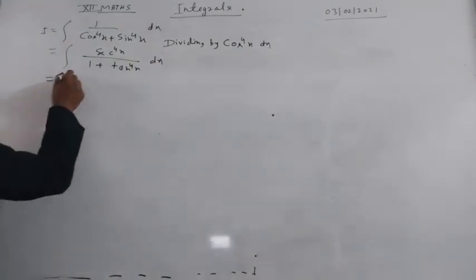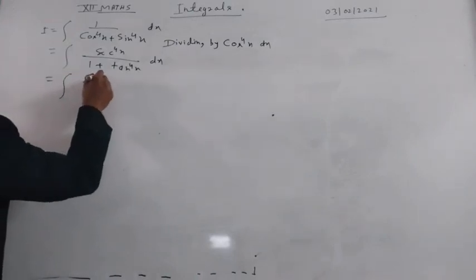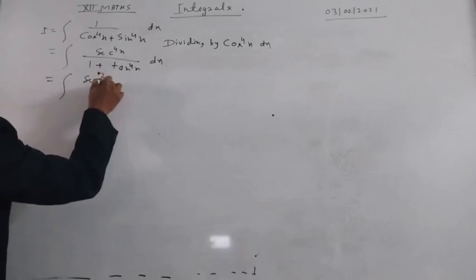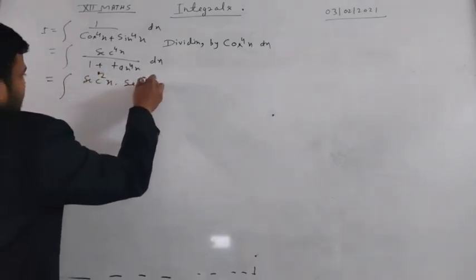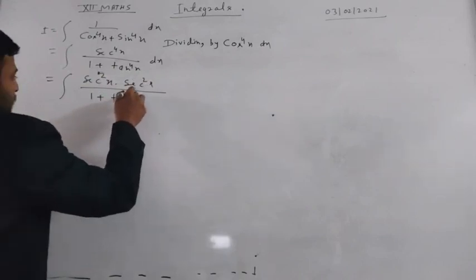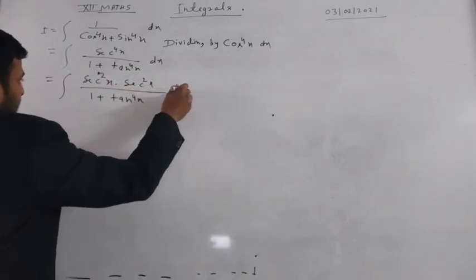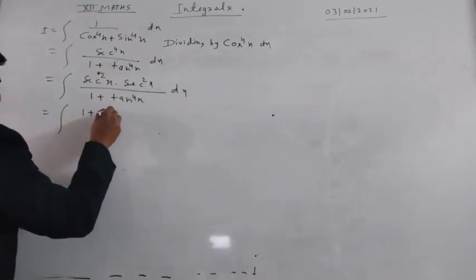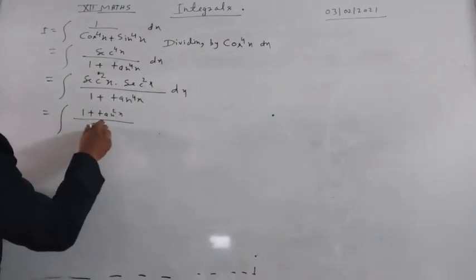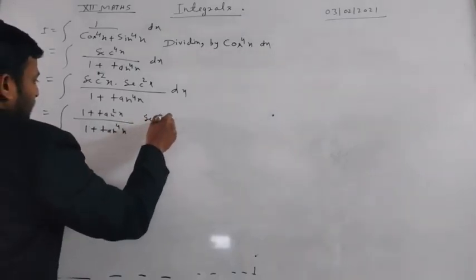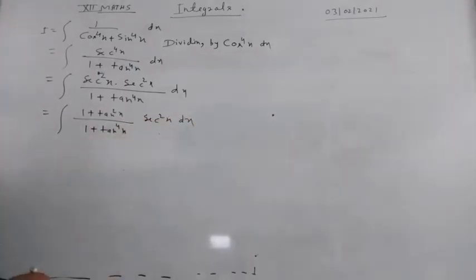And students, this sec to the power 4x can be written as sec square x into sec square x, by 1 plus tan to the power 4x dx, and this sec square x can be written as 1 plus tan square x, sec square x dx.